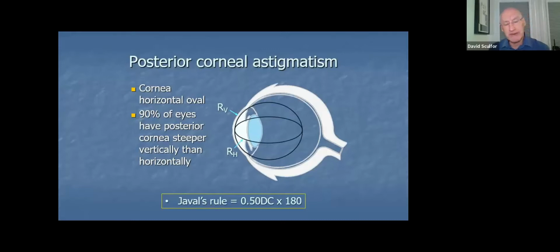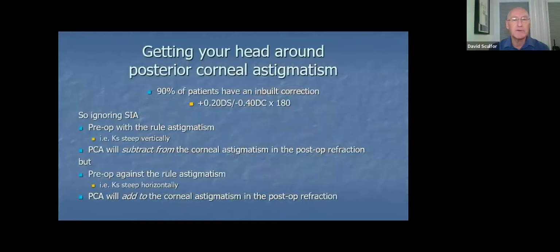But we sort of forgot about it, and for many years we did our toric calculations very happily, just ignoring posterior corneal astigmatism. Doug Koch and his group in the States highlighted this for us just a few years ago, and immediately we got a big improvement in our toric outcomes. So I'm just going to spend a moment going through posterior corneal astigmatism, because it does seem to cause an awful lot of confusion.